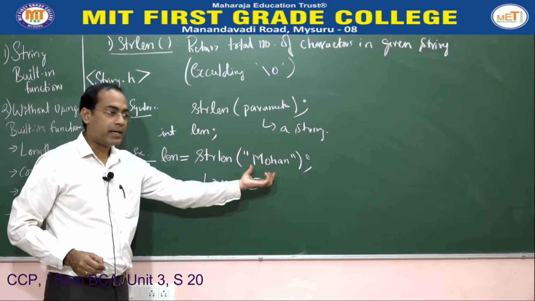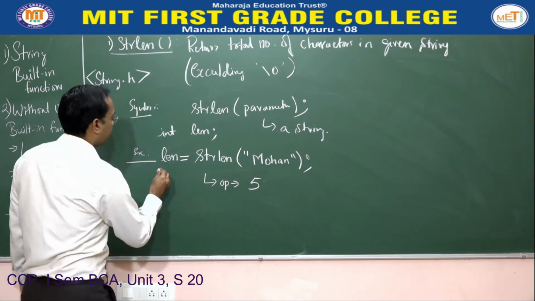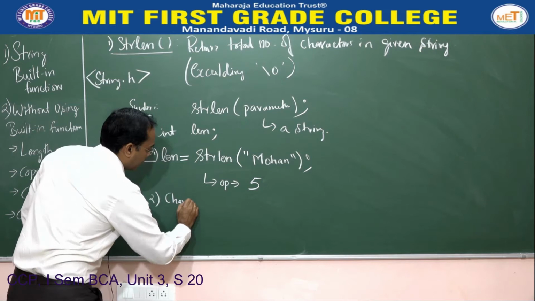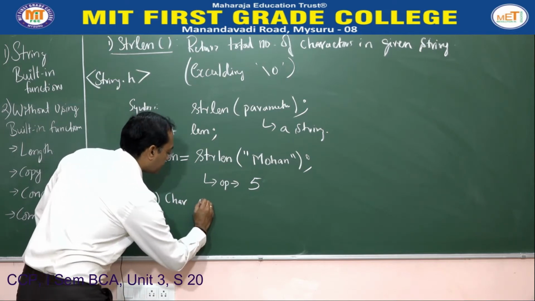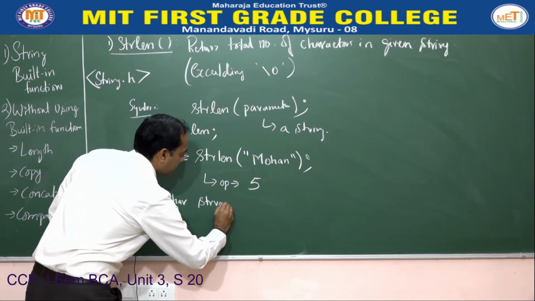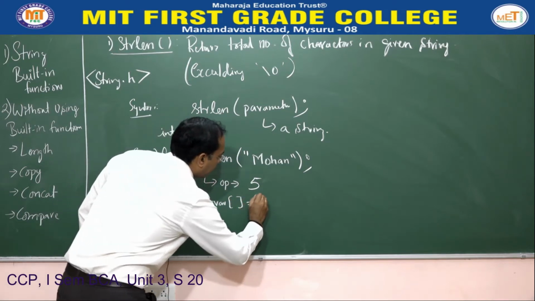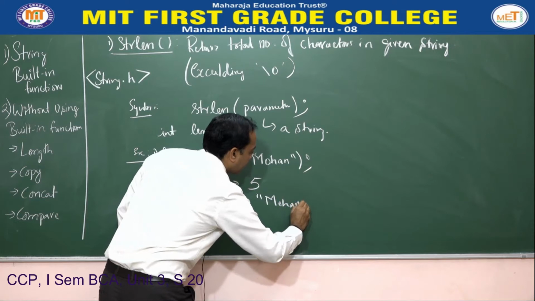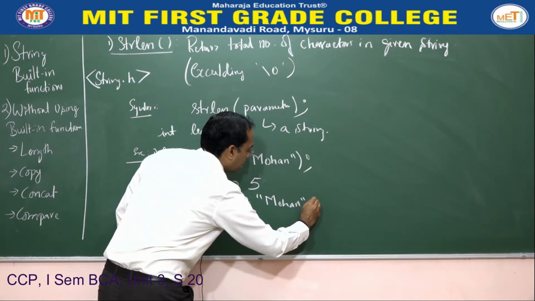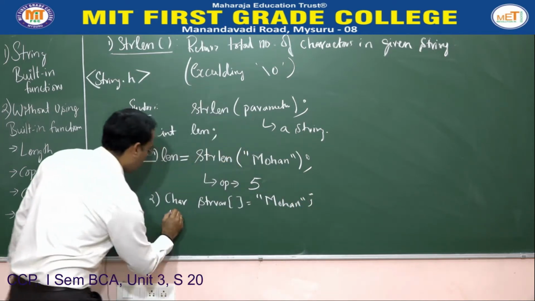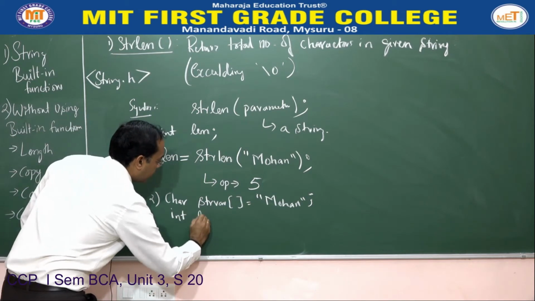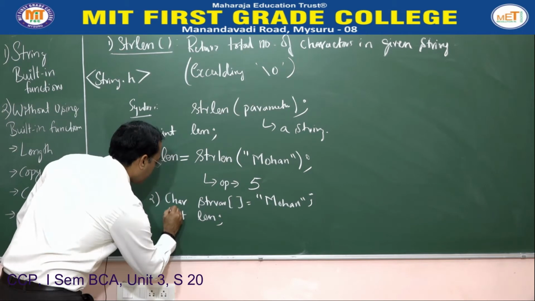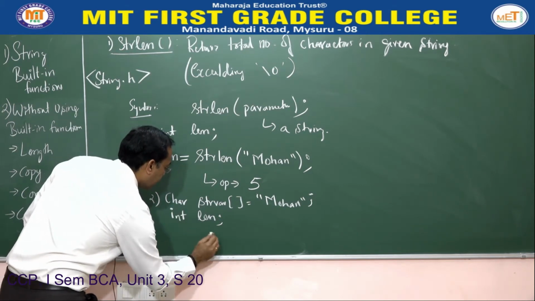Here you can pass the string itself. For example, this is example 1. Suppose you have a string variable and you have initialized its value, and you have a length variable of type integer.